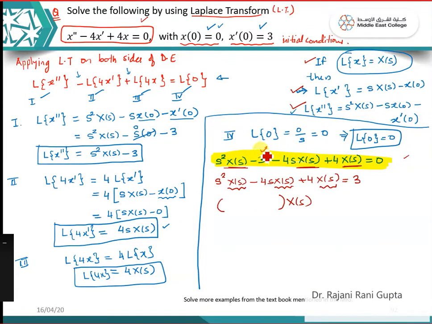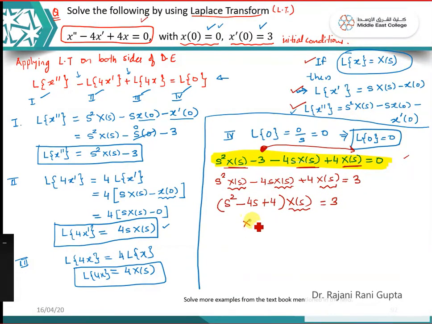Okay, so what we did: since 3 is the term which does not have X of s, we move it to the other side. So it is minus 3, it becomes plus 3. Now X of s is common in all three terms, so we take it out as a common factor. Here we are left with s square, then minus 4s, and then plus 4. This is equal to 3.